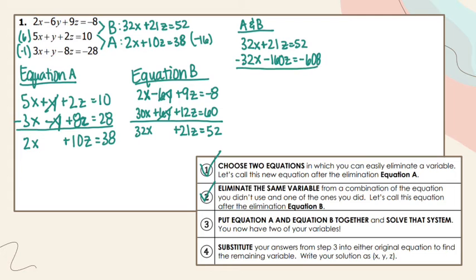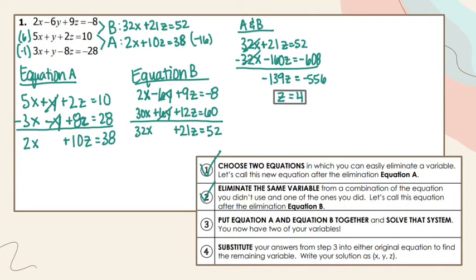So then whenever I add those together, my x values cancel. 21 plus negative 160 is negative 139 z equals 52 plus negative 608, which is going to give us negative 556. And then we should get z equals 4. So we have gotten one of our variables, finally.